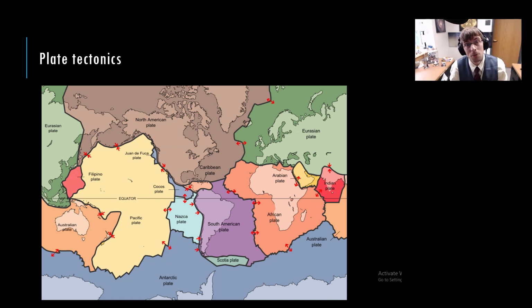And so that forms what's called, I believe, a slip fault. So they stick, and then every once in a while they slip. And you get an earthquake. Okay? So earthquakes, in the context of talking about tectonic plates, are simply plates that slip past each other during their motion.